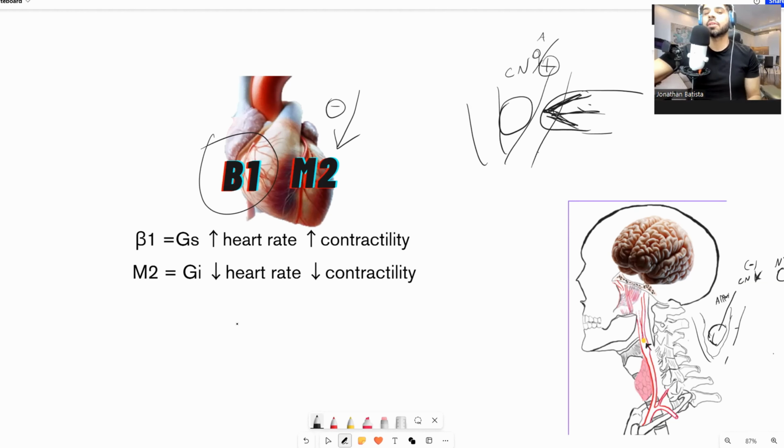Remember, when you touch, you activate. And this relays the signal to cranial nerve 10. When I activate cranial nerve 10, I decrease. Remember, activation of cranial nerve 10 decreases chronotropicity and inotropicity. So that's how carotid massage can decrease your heart rate.